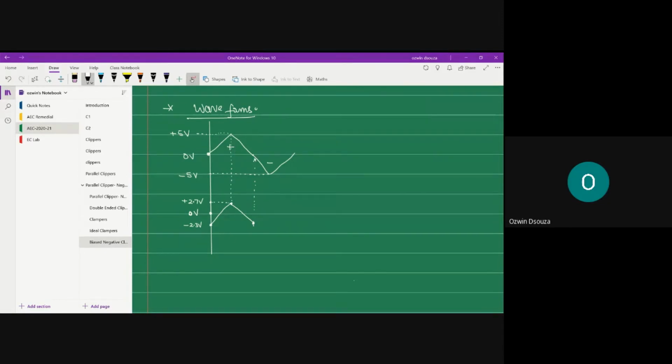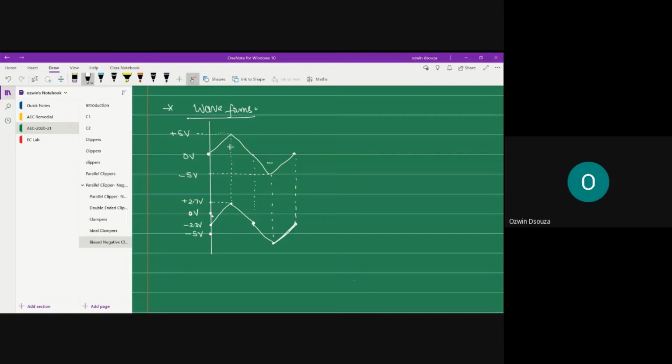Similarly, in the negative half cycle, when your input is 0, output will be at minus 2.3 volts. And when your input becomes 5 volt in the negative direction, your output becomes minus 7.3 volt. So this is minus 5 volt, and minus 7.3 will be somewhere here. And once again, when your input falls to 0, the output attains minus 2.3 volt level.